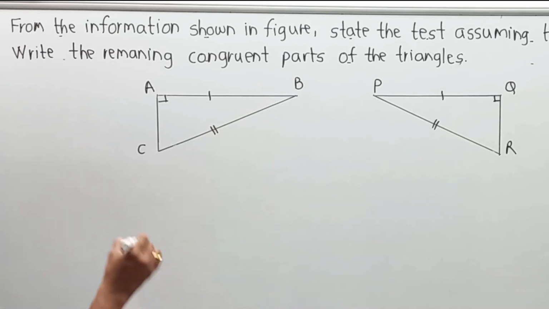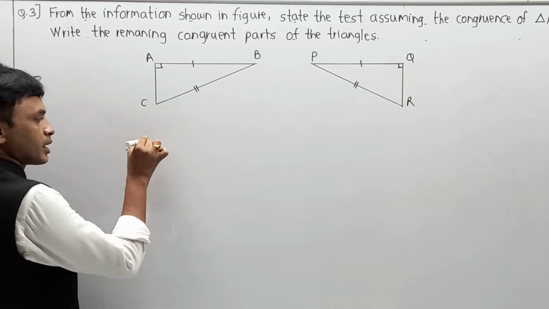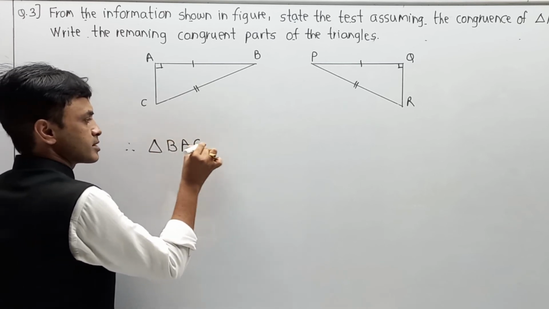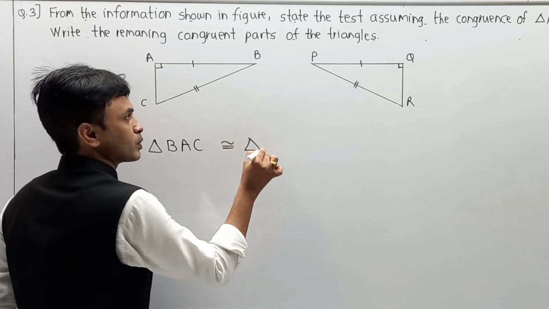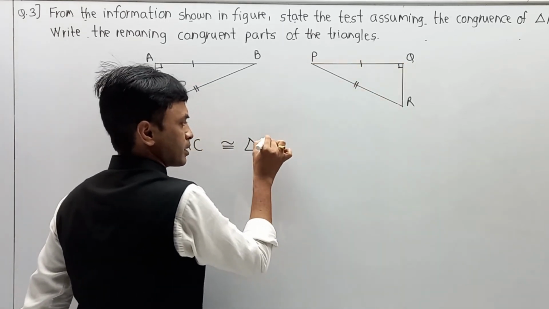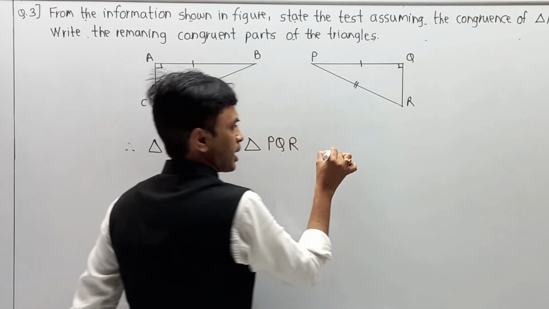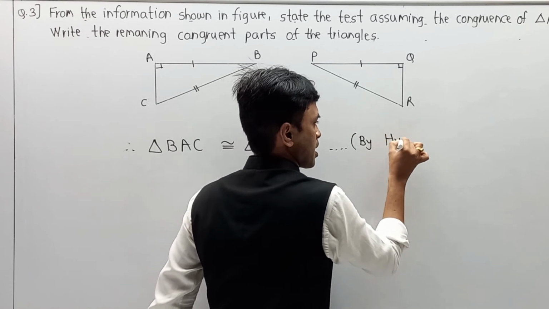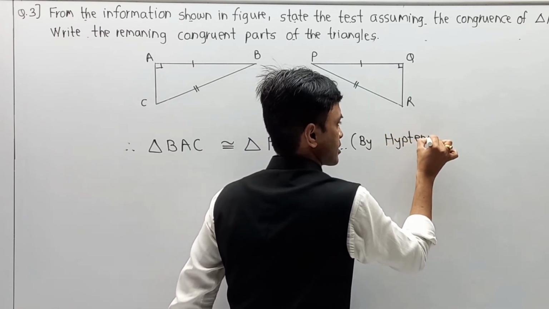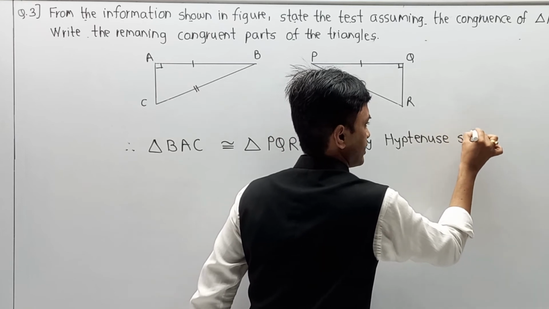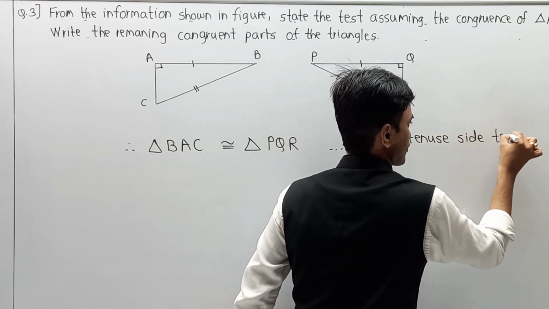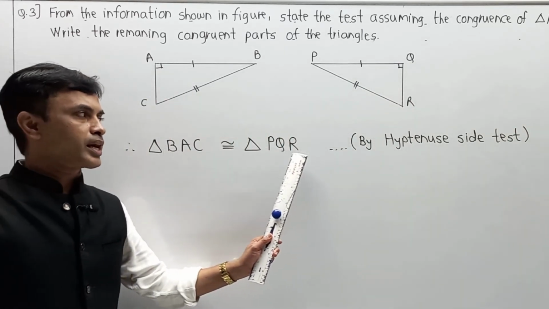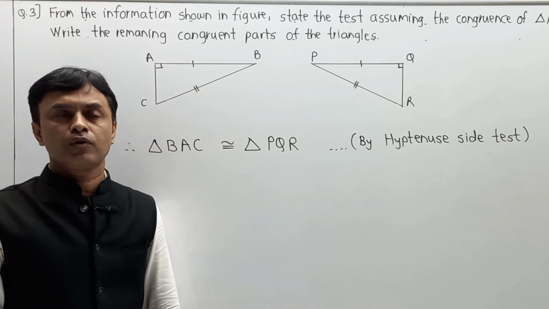So writing that part, therefore, triangle BAC is congruent to triangle PQR, and reason: by hypotenuse side test of congruency. So the part is triangle BAC congruent to triangle PQR by hypotenuse side test of congruency.